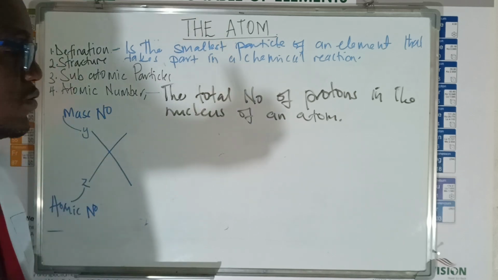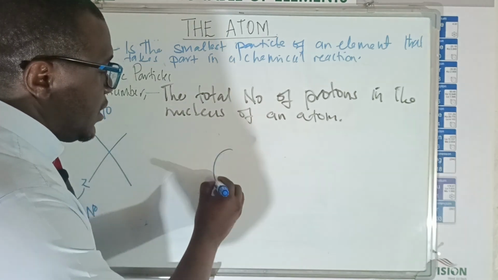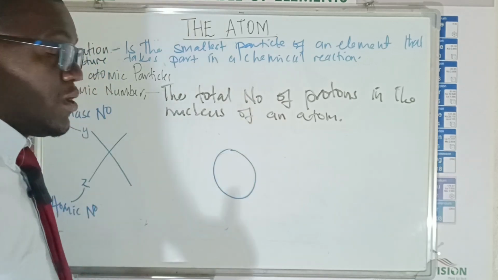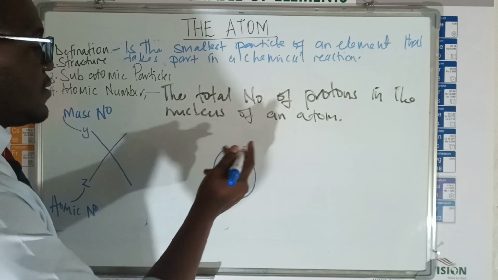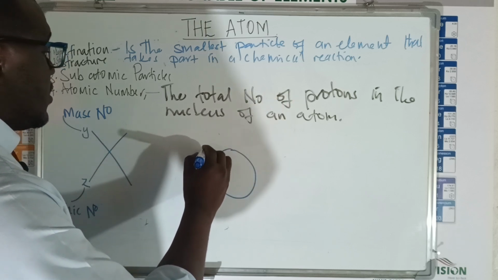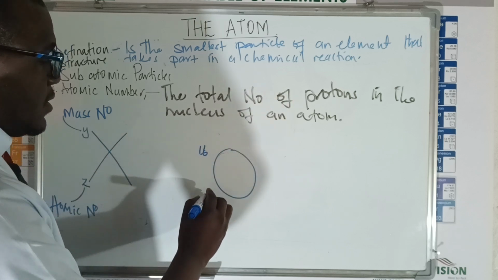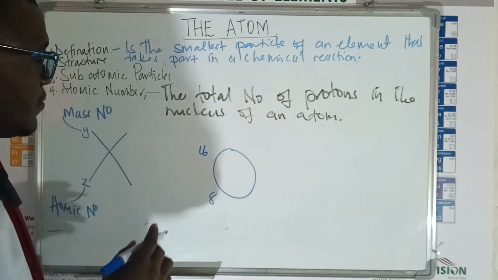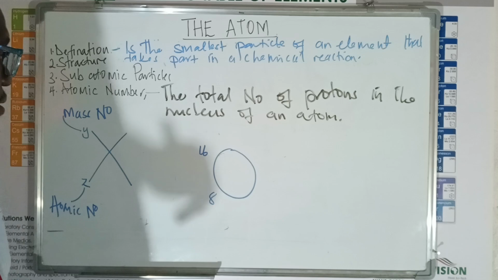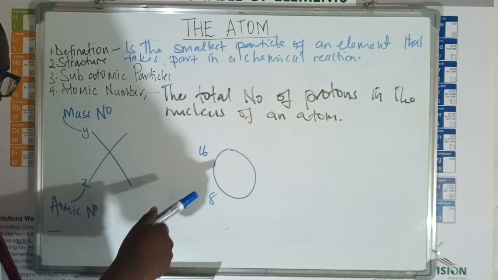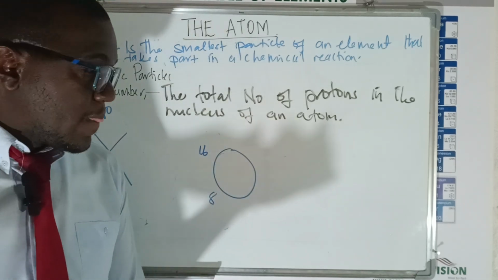For instance, you'll find the element oxygen written as O. Then up here, you may find written 16 and here 8. So this 16 is the mass number and 8 is the atomic number. So that is very clear.